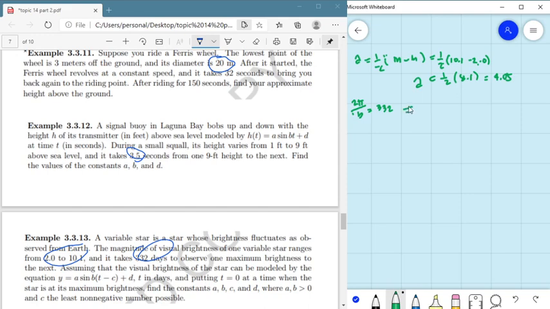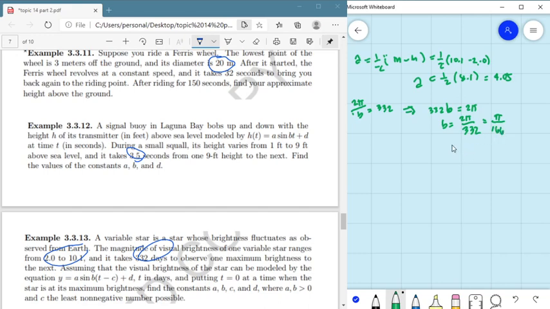So thus, we can say that 332b is equal to 2 pi, giving us b equals 2 pi over 332, which is the same as pi over 166.